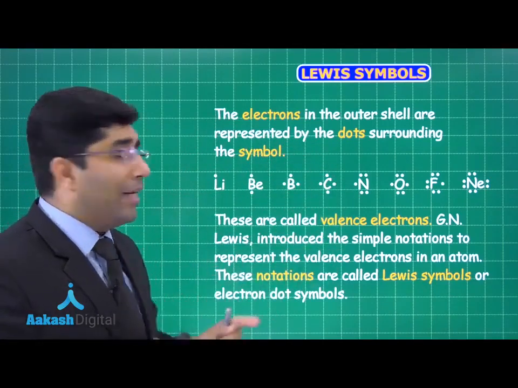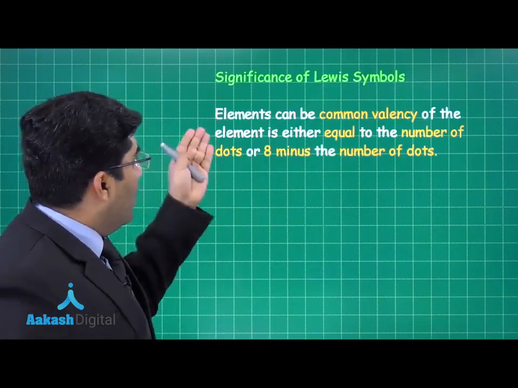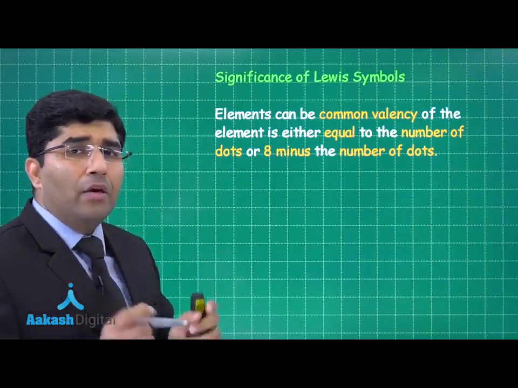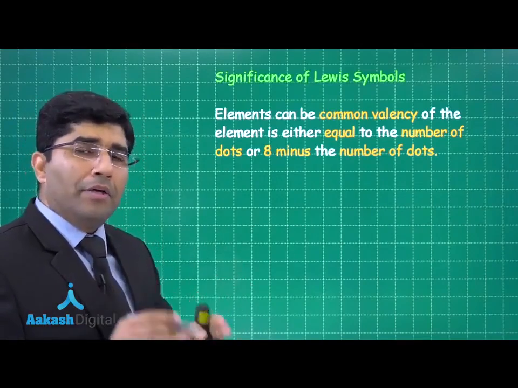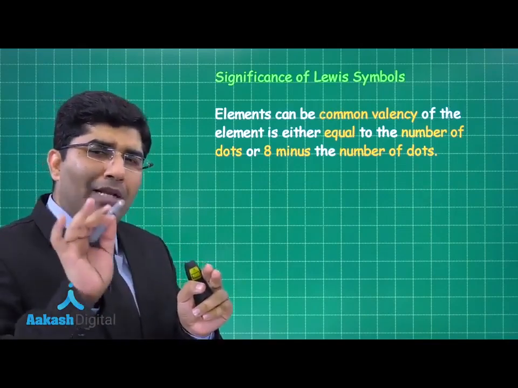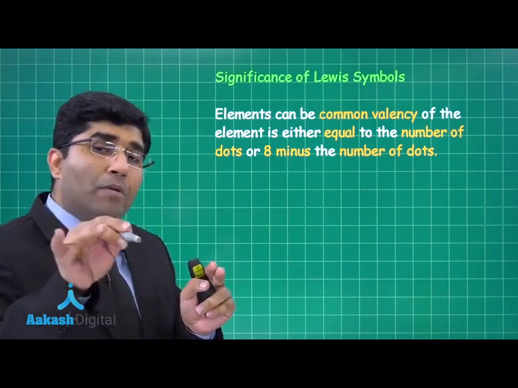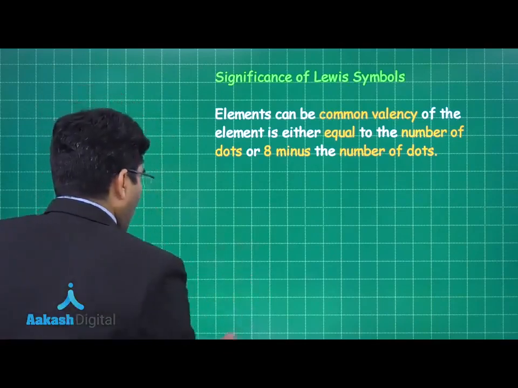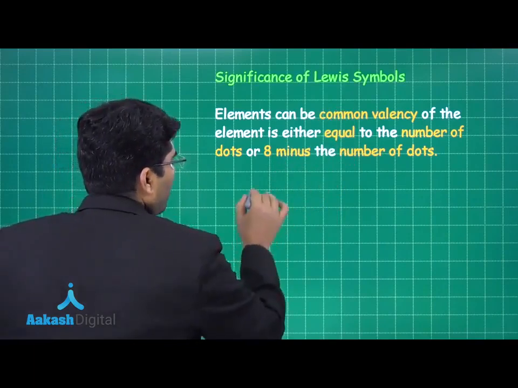Now what is the significance of these symbols? The significance of Lewis symbols is that we can find the valency of a particular element. The valency will be either equal to the number of valence electrons or 8 minus the number of valence electrons. Let's take an example. The common example is sodium.